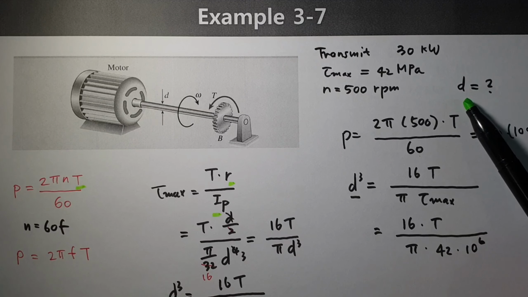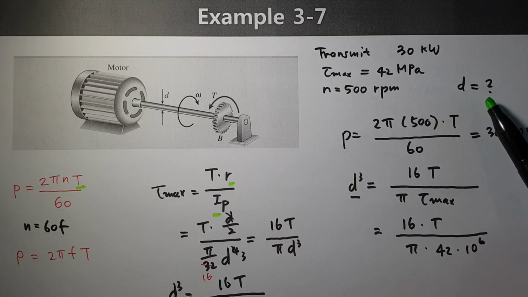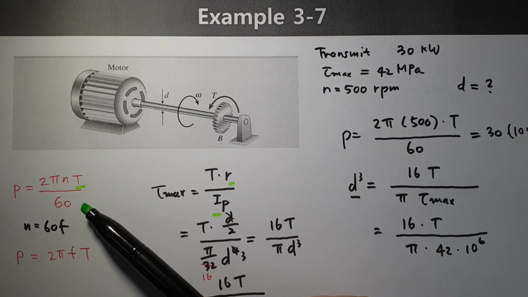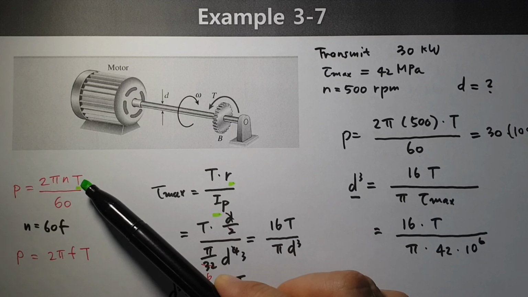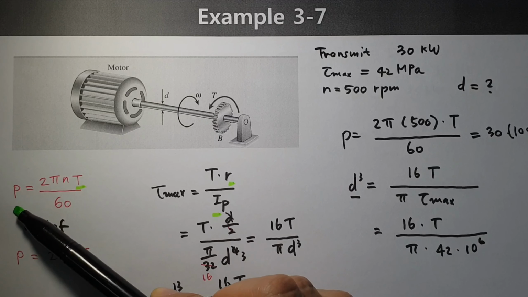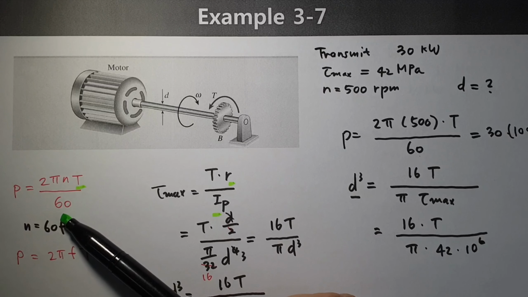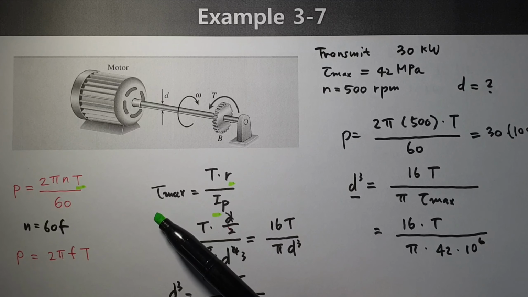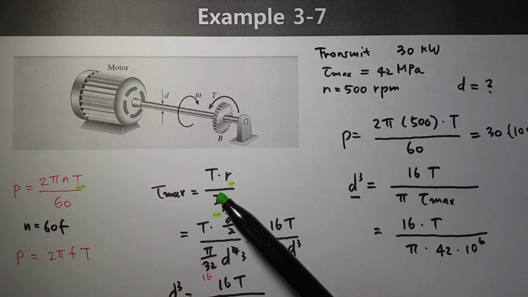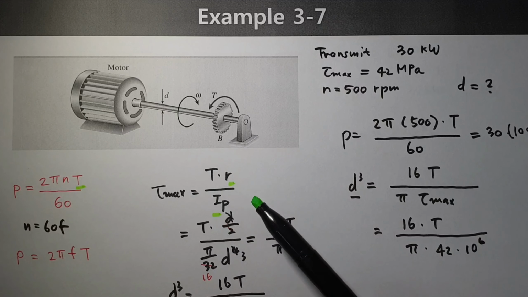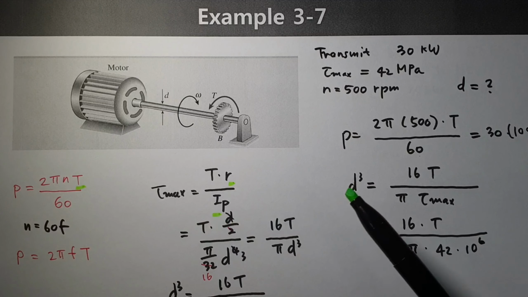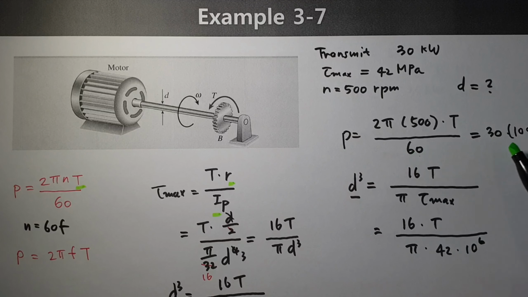In order to find required diameter D, we use some relationship between torque, RPM, and power. P equals 2 phi nT over 60, and another one, tau max equals TR over IP. When you apply both of them, then first we can calculate torque.